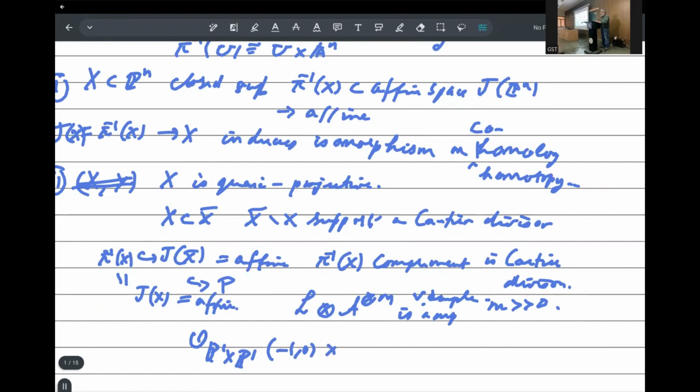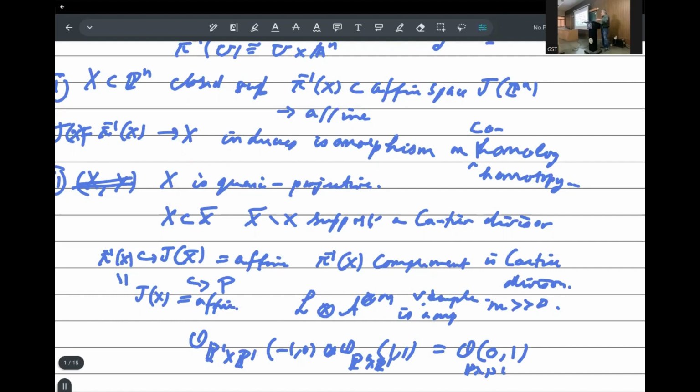Then you tensor with O(1,1), and you'll get O(0,1), which is not ample. So it need not be true that tensoring once is enough. You have to tensor with sufficiently many powers. That's the correct statement.